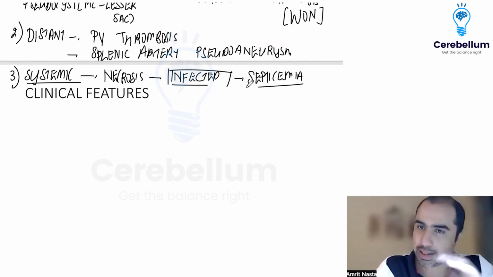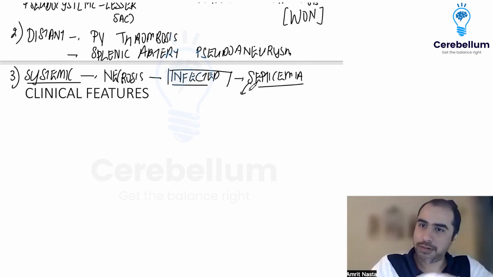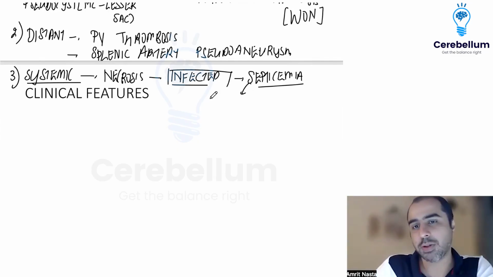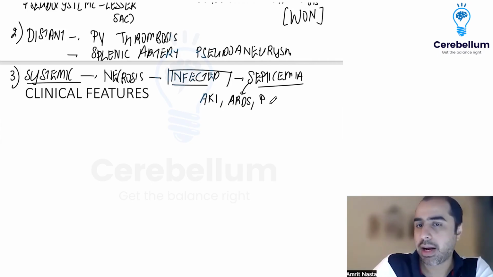Whenever you get septicemia, it will affect all your body organs. Because of septicemia, you can get acute kidney injury, you can get ARDS, you can get paralytic ileus. So एक के बाद एक, your organs will start failing. You can get encephalopathy.